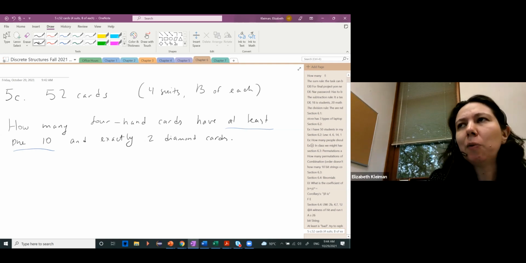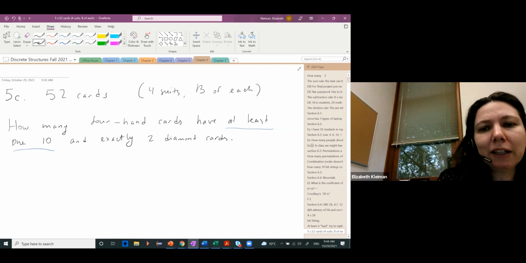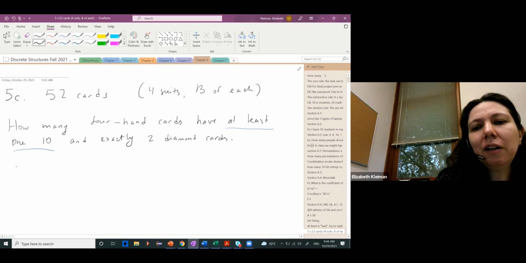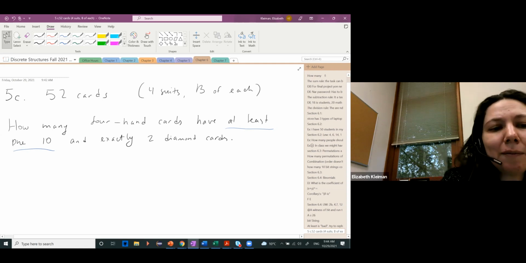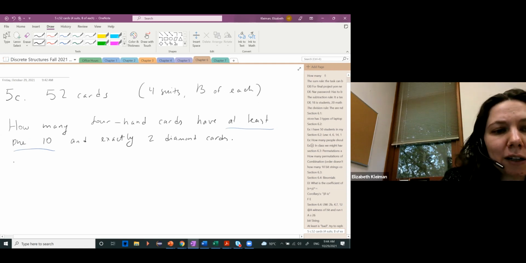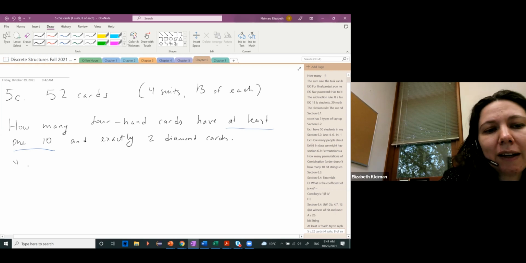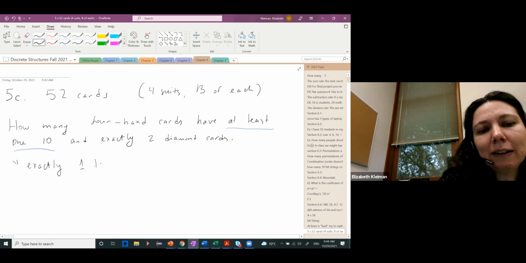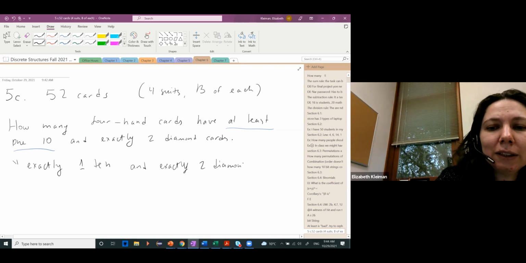Actually, what I want here is at least 1 10. My options are exactly 1 10 and exactly 2 diamonds.